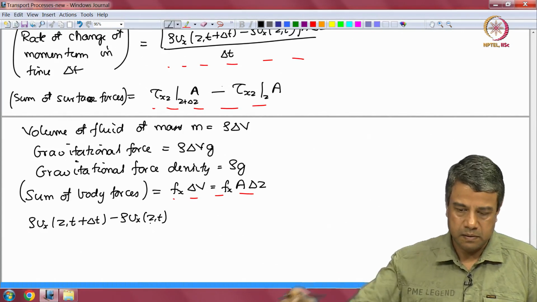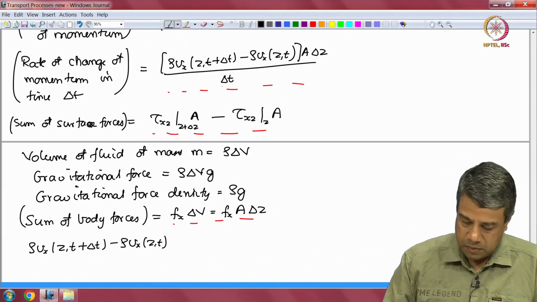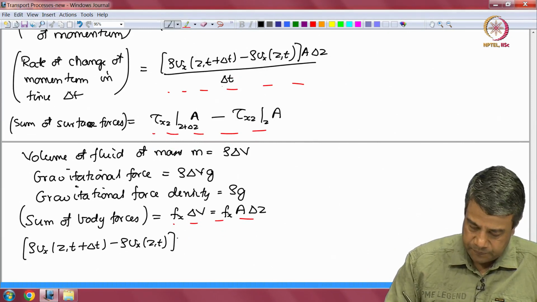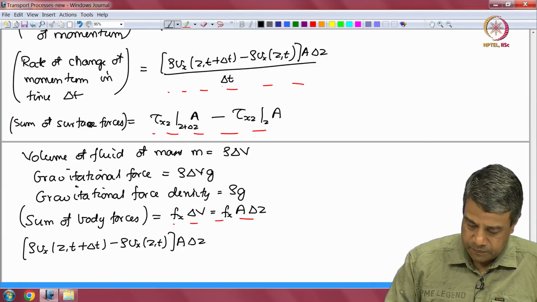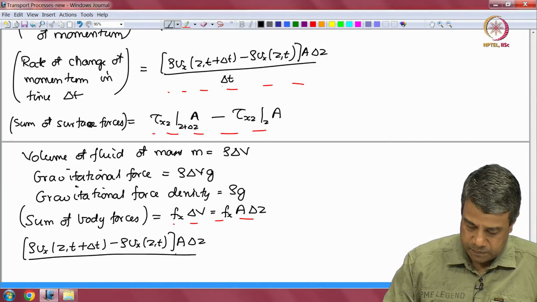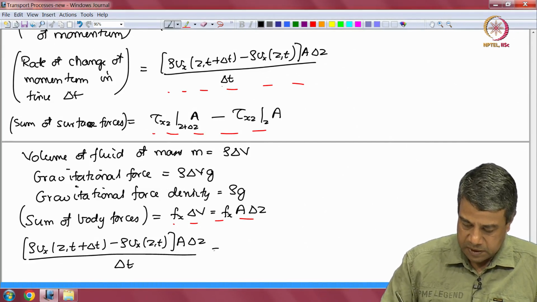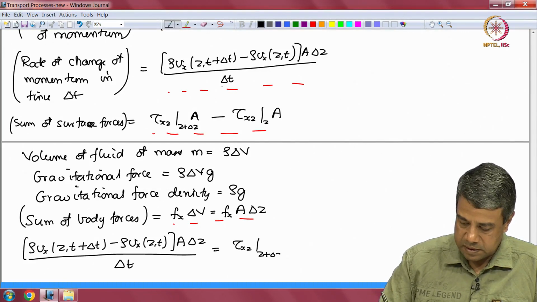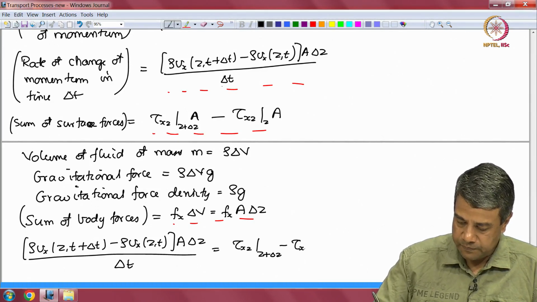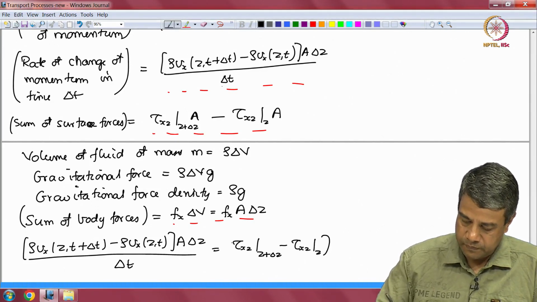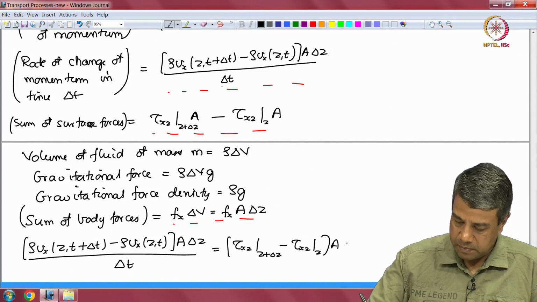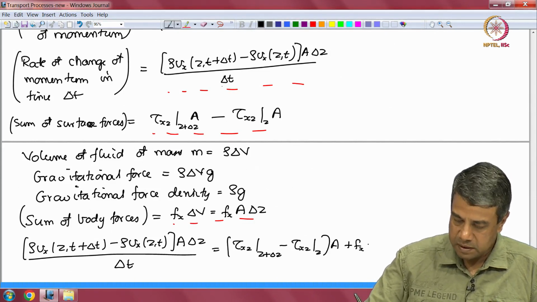Into A is equal to tau x z at z plus delta z into A plus f x A delta z.